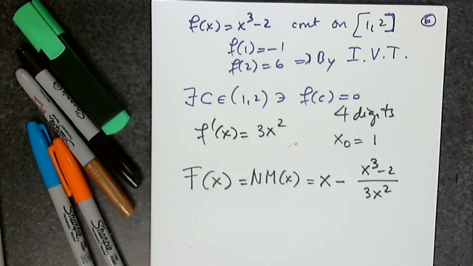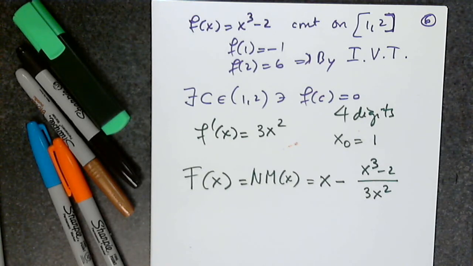So in y equals, clear, and we have x minus the top, in parentheses please, x to the third minus 2, close the parenthesis, and divide by.